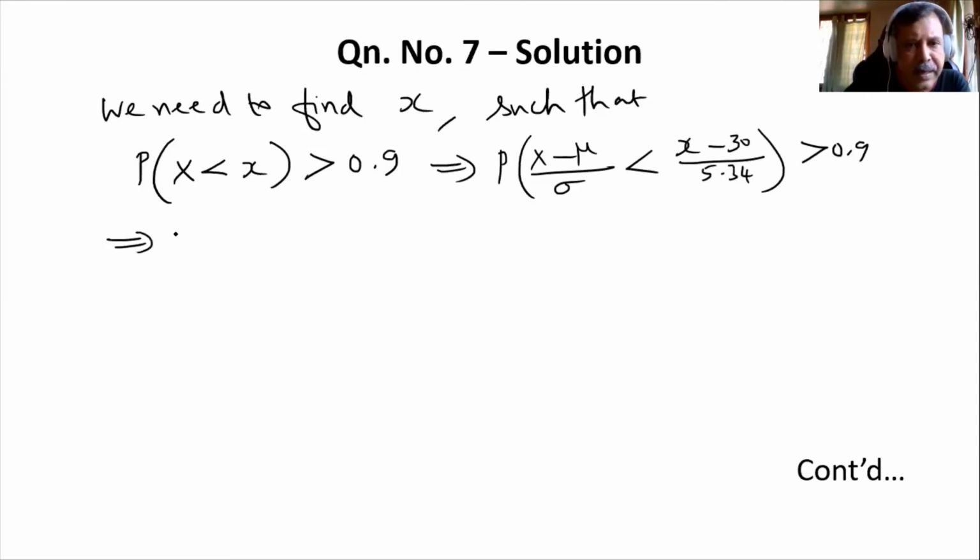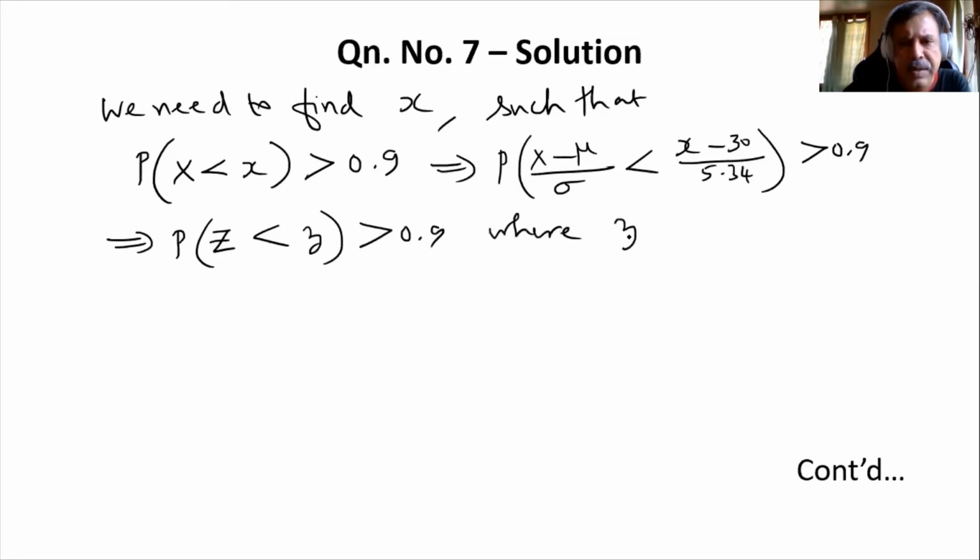So I can rewrite this as probability of Z less than, let us assume this entire thing as some small z, larger than 0.9, where the small z is equal to x minus 30 divided by 5.34.